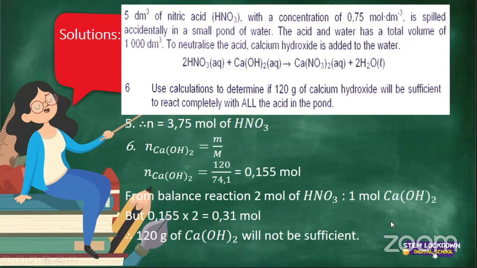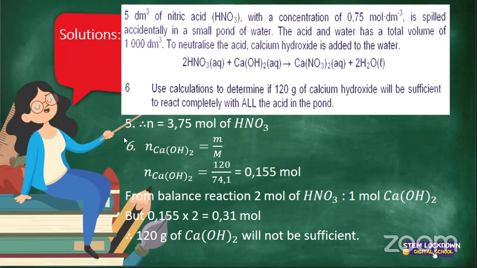So now we have been told to use calculation to determine if 120 grams of calcium hydroxide will be sufficient to react completely with all the acid. So will this base neutralize the acid in the pond?